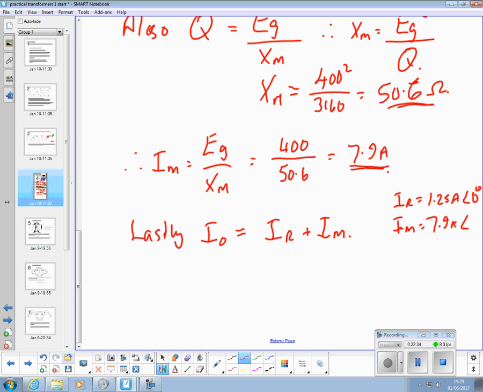Angle associated, CIVIL, lags, minus 90 degrees. To add them together, we need to do what?